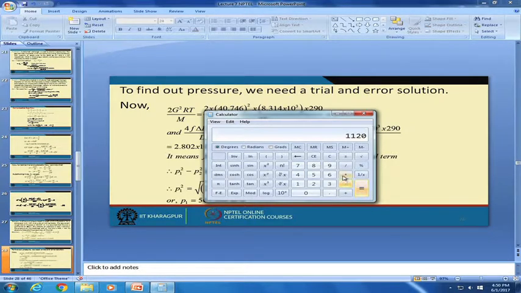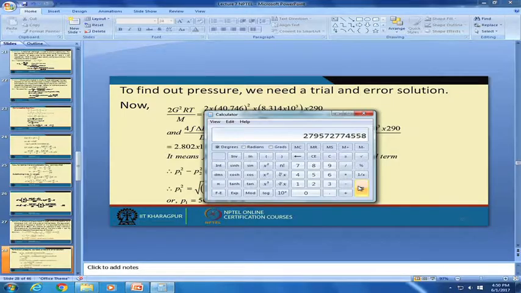So this comes as 4 into 0.0028 into 1 into 10 to the power 5 into 40.7 square is equal to so much into 8314 into 290 is equal to so much divided by 16, right?